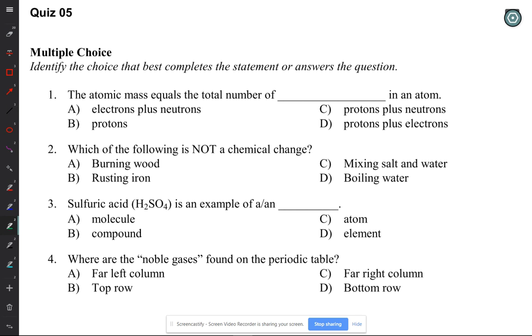Okay, looking at these answers, the atomic mass, which is the total mass of an atom, is numerically equal to protons plus neutrons. The protons is the atomic number.